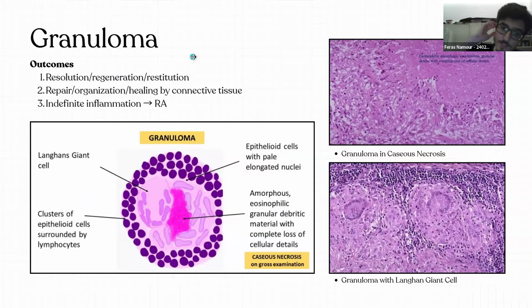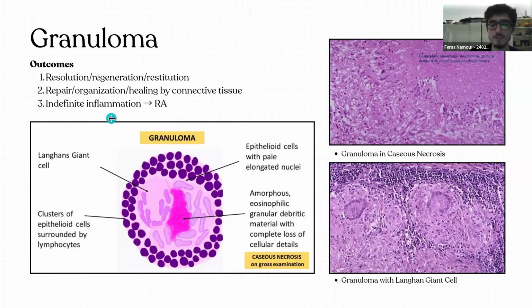What are the possible outcomes of chronic inflammation? We just talked about the outcomes of acute inflammation. But if this resolves by itself, we're going to have resolution and regeneration, some form of reversible injury. But maybe you're going to have repair and organization, like irreversible scarring injury.